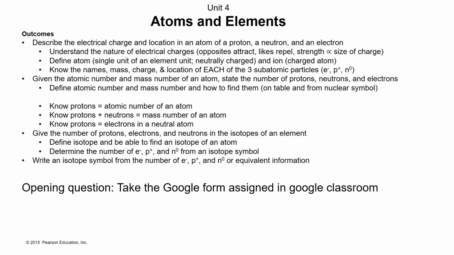Yesterday, we started looking at certain scientists that have contributed to atomic models, specifically Dalton, Rutherford, Thomson, and Bohr. Today, we're going to move a little bit forward, looking at the pieces of the atoms, the subatomic particles: proton, neutron, electron.